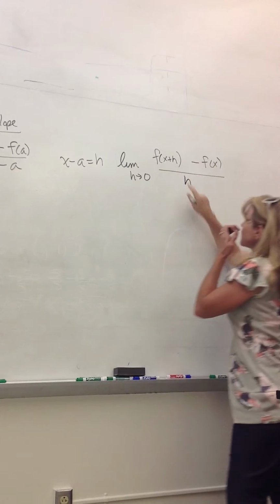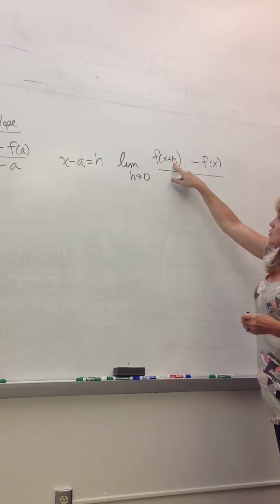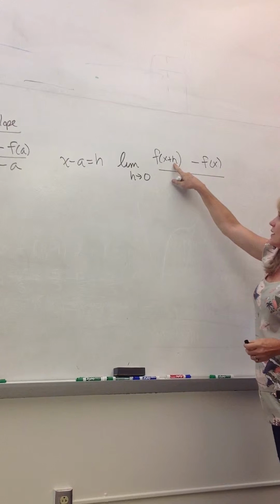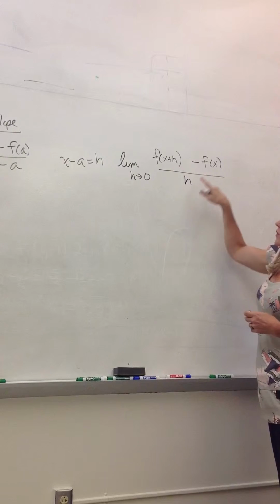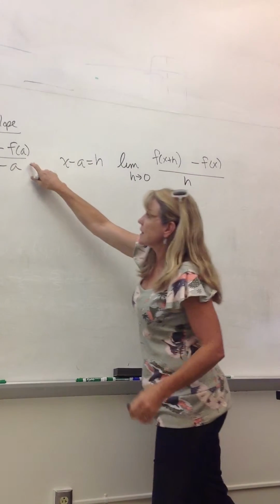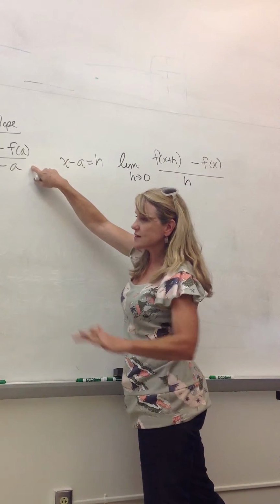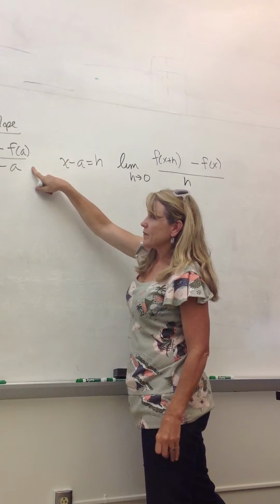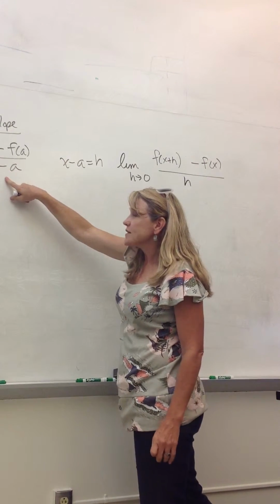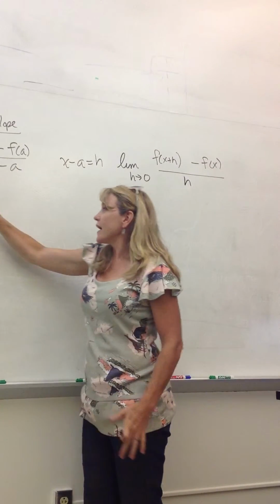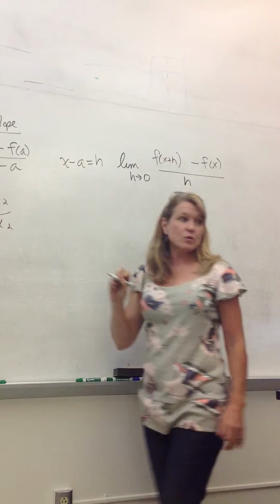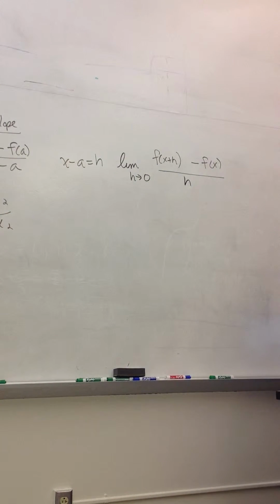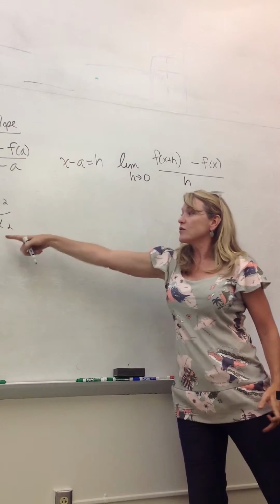Okay, so this is representing the difference between x and a. If x is going to a, then that difference is going to 0. So this statement is saying the same thing as this statement. They both say the same thing. All right, the benefit of this form is that it looks a little more directly like y1 minus y2 over x1 minus x2. So when you're trying to keep emphasizing the idea that derivative is slope, or calculating slope, that looks more like it.